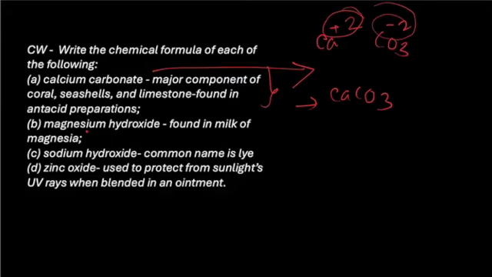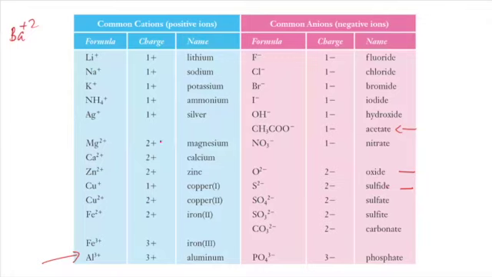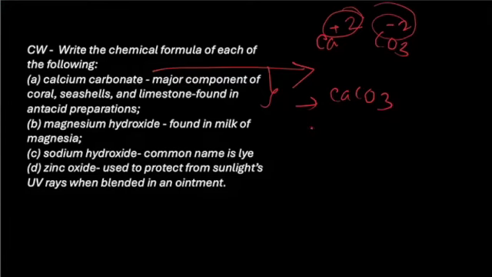Now we have magnesium hydroxide, found in milk of magnesia. First, we go to magnesium. Magnesium has how much? Mg2+. So Mg+2. And my hydroxide is how much?